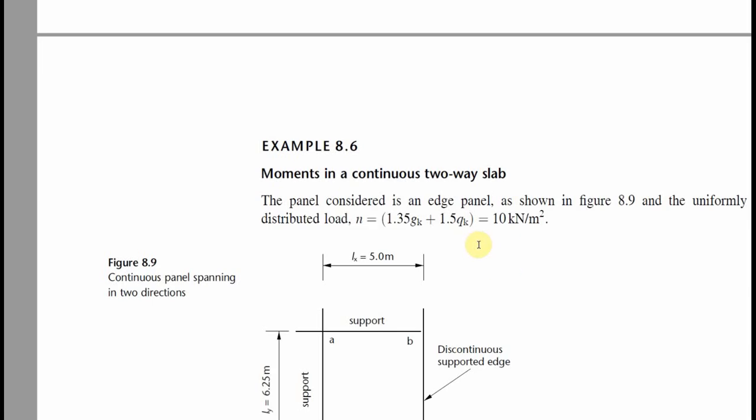In group A, this is what they are going to do. They are going to take N to be 15. Group B, N will be 20. Group C, 25. Group D, 30. Group E, 35. Group F, 40.